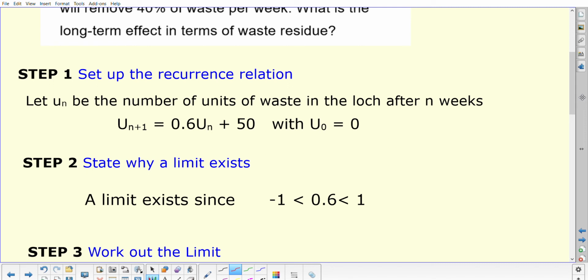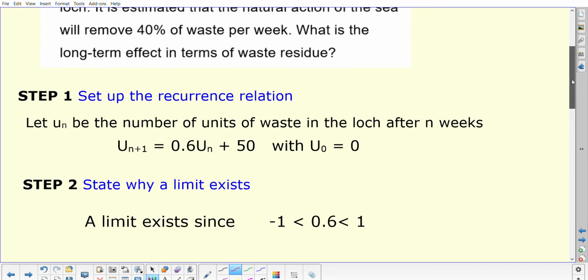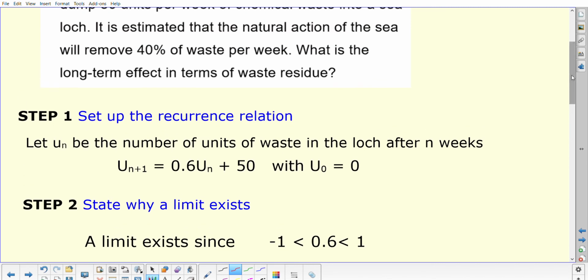So this is your steps how you would tackle a question like this. It doesn't tell you in the question, you need to set up the recurrence relation. So you introduce your letter. Most of the time that's going to be the letter U. Subscript N, in this case it's talking about weeks, so it's UN, the number of units of waste after N weeks. Now we know that 40% is being removed, right?